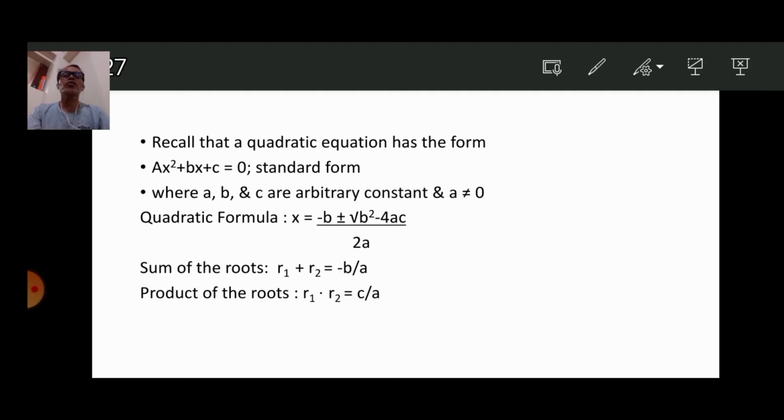The formula for finding the sum of the roots is r sub 1 plus r sub 2 equals negative b over a, and the product of the roots has the formula r sub 1 times r sub 2 equals c over a. Okay?